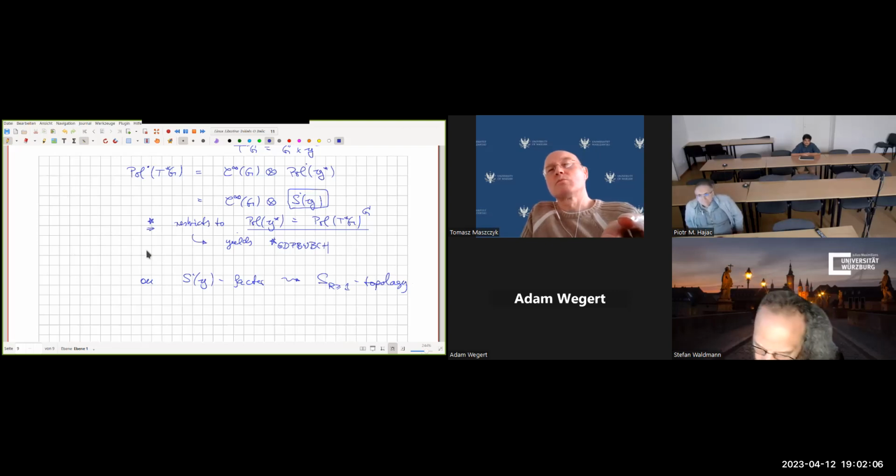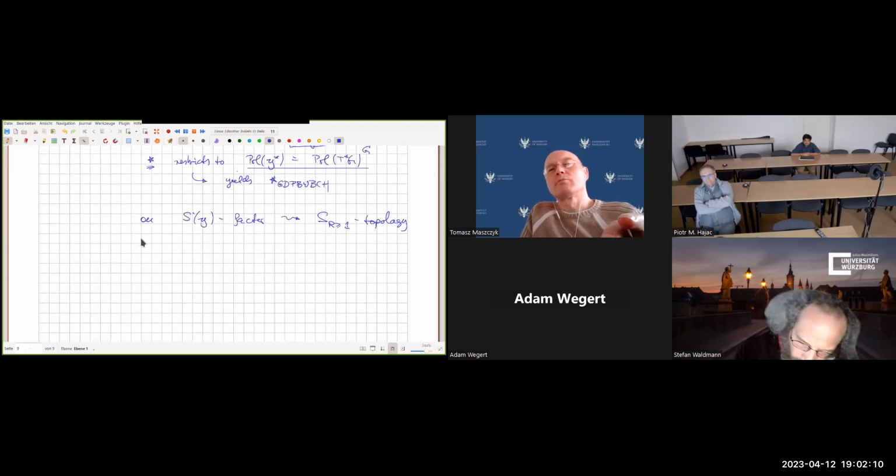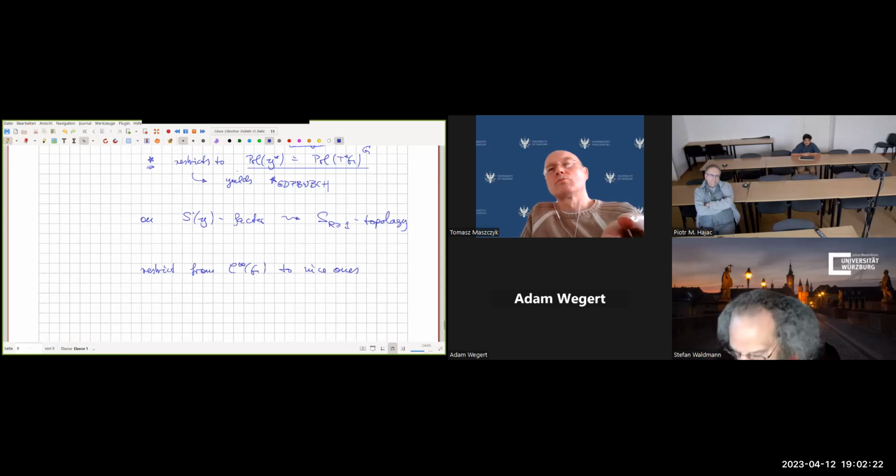To make this story a bit shorter, what we need is to restrict from all smooth functions on G to nice ones. What are the nice ones?